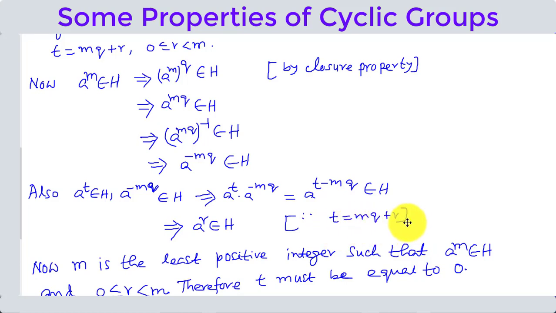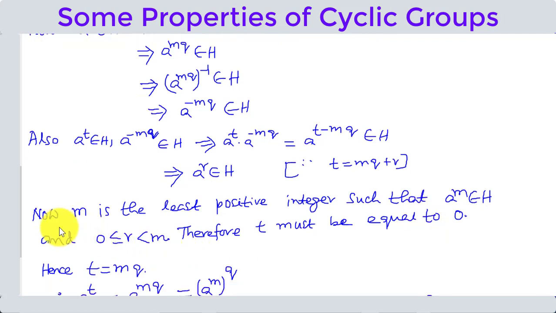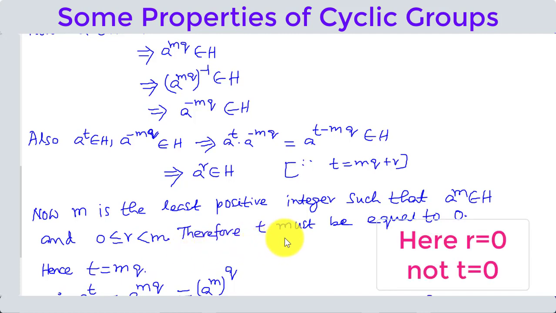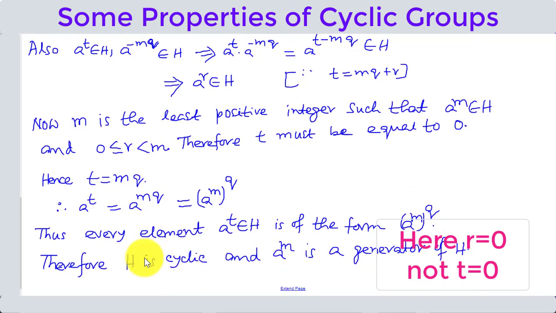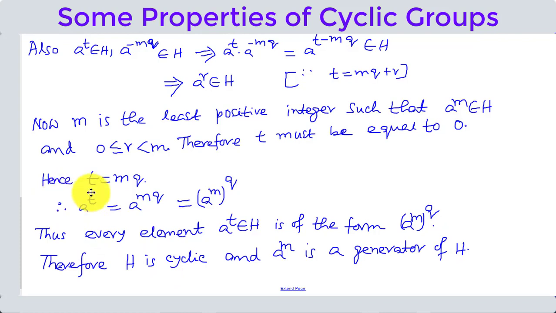Now, m is the least positive integer such that a to the power m belongs to H and 0 is less than or equal to r less than m. Therefore, r must be equal to 0. Hence, t is equal to mq.